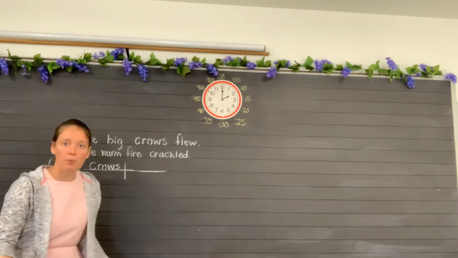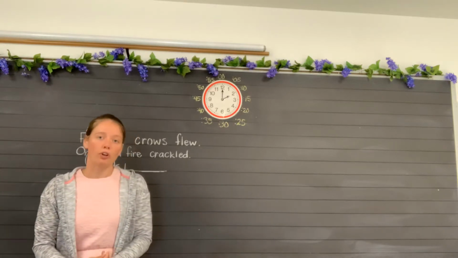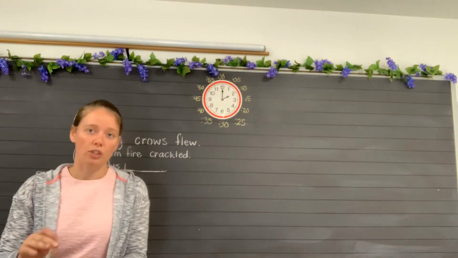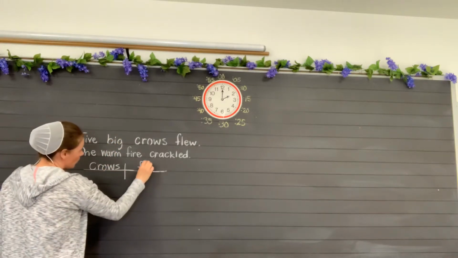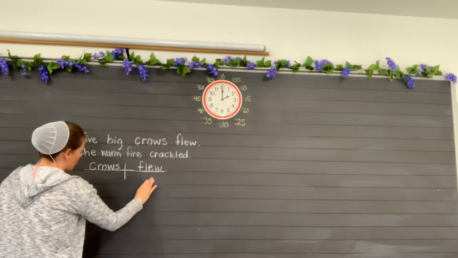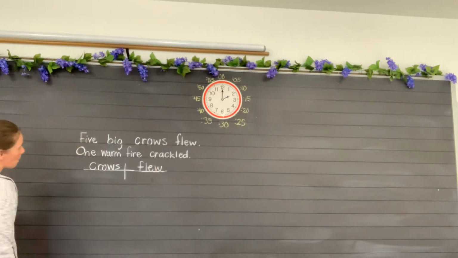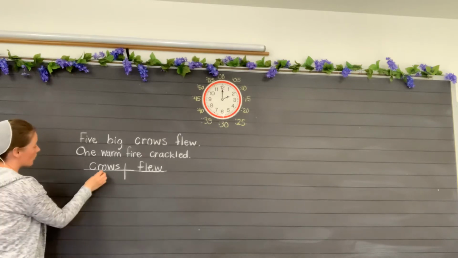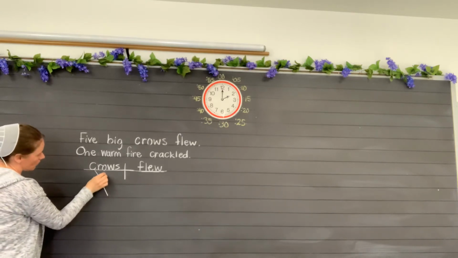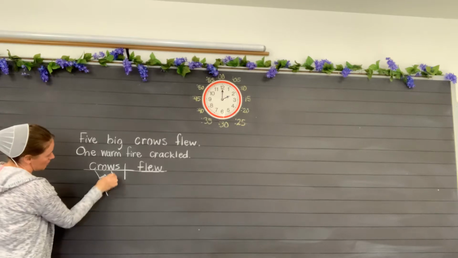Nouns name a person, place, or thing, right? And then verbs, let's go to what verbs do. Verbs show action. So crows, what did they do? They flew. Verbs always go over here. And then 5 and big describe crows. So we're going to put them underneath crows. 5 and big.